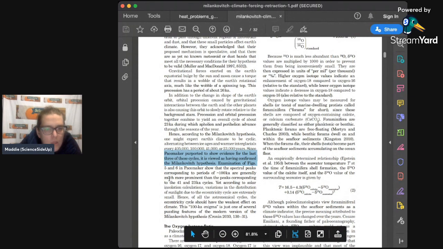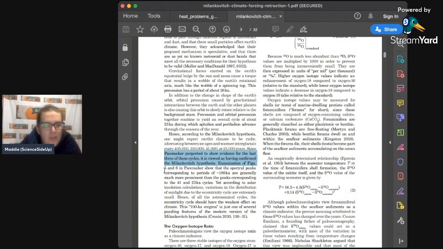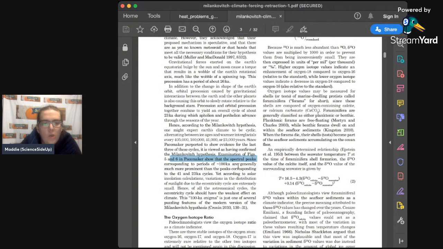Okay. Here we go. Examination of figures 5 and 6 in Pacemaker show that the spectral peaks corresponding to the periods of 100,000 years are generally much more prominent than the peaks corresponding to the 41 and 23,000 year cycles. Yet according to solar insolation calculations, so solar insolation, that is like how much energy from the sun makes it to planet Earth and can be absorbed by planet Earth.